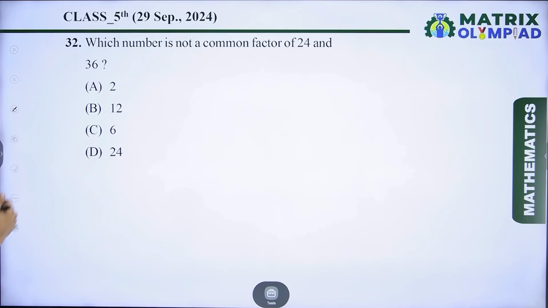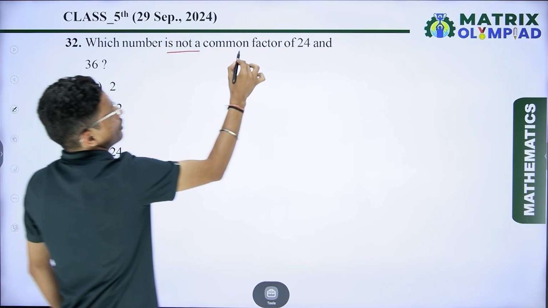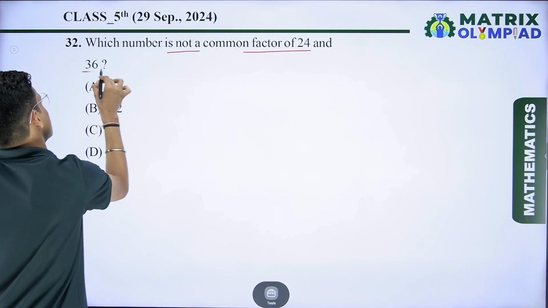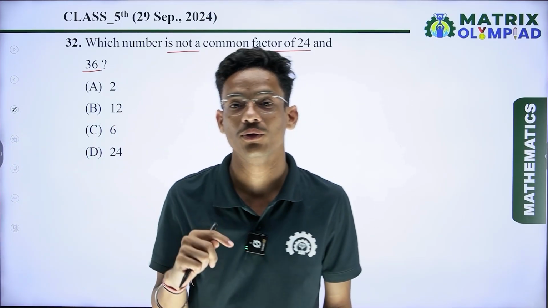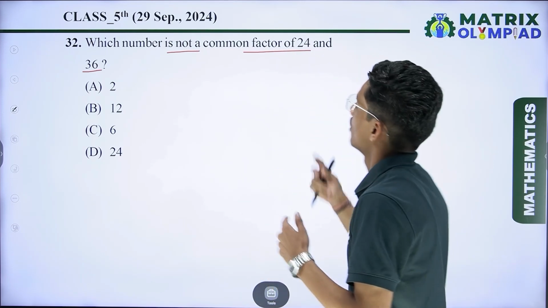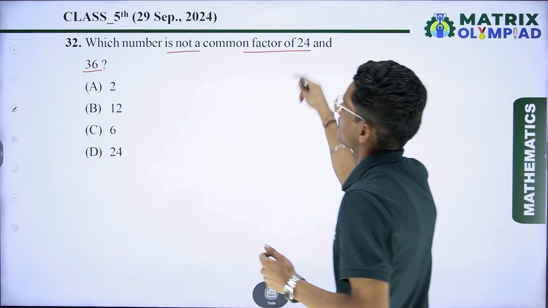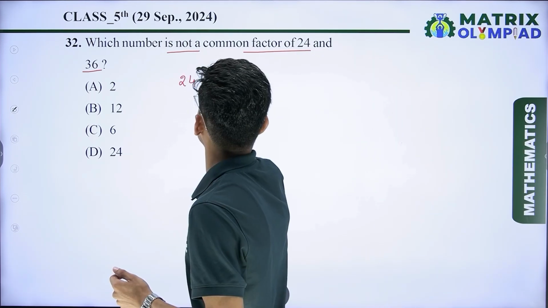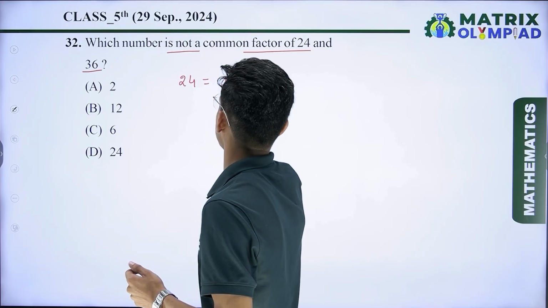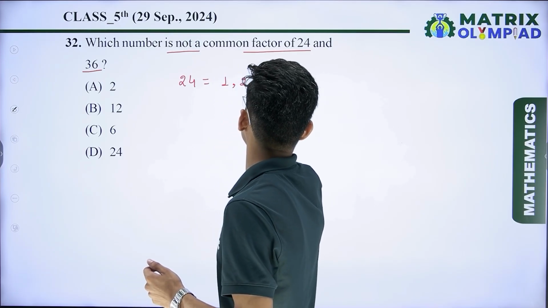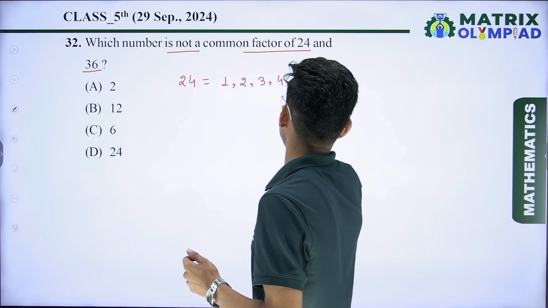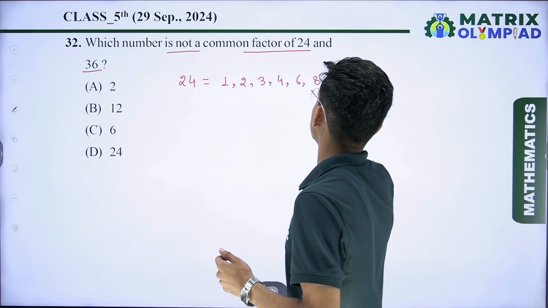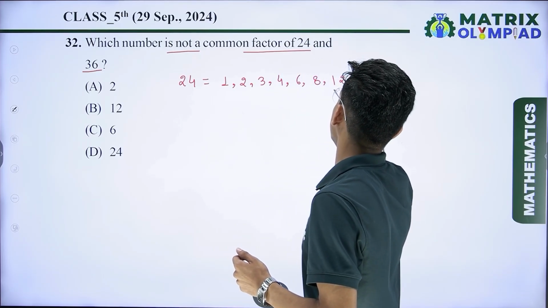Now the next question is which number is not a common factor of 24 and 36. So here we have to find first the factors of 24 and the factors of 36. Then we check which one is common and which one is not common. So first the factors of 24. That is 1 is a factor of 24, 2, 3, 4, 6, 8, 12 and 24.